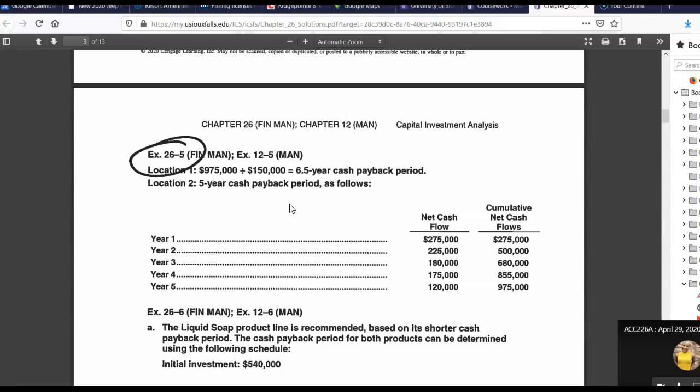So no calculation, it's just how many years does it take to pay itself back. Keep in mind, if there's another point you want to put underneath cash payback, we look at cash flows, not income. Cash flows. Any questions on number 5?